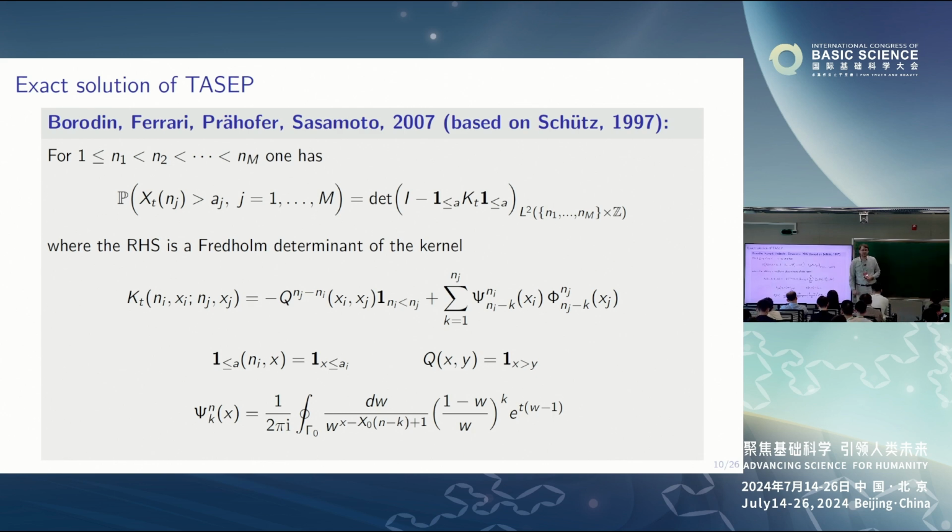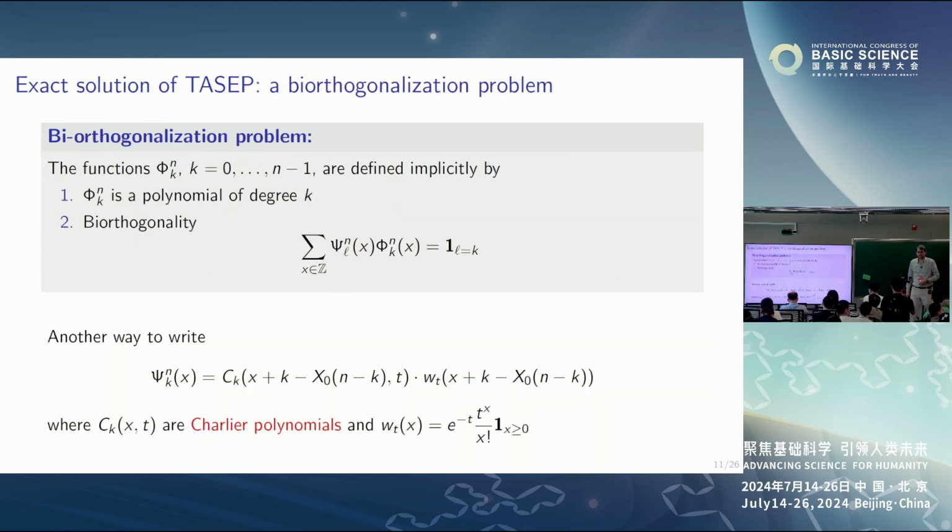So the functions psi are given to us explicitly by the contour integral, and you can see that these functions psi depend on the initial configuration of TASEP particles at time 0, this x naught. And the functions phi are given implicitly. So they proved that the functions phi are unique solutions of the following biorthogonalization problem.